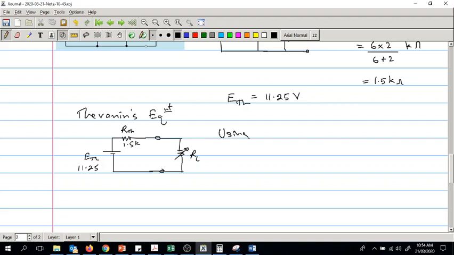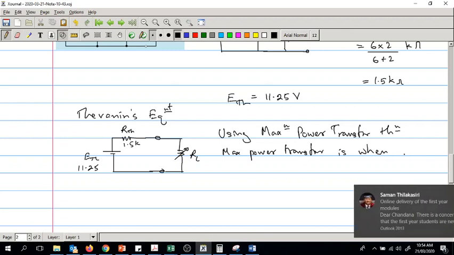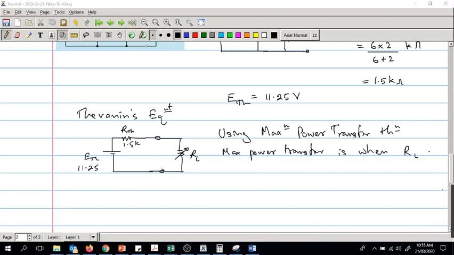using the maximum power transfer theorem, maximum power transfer is when RL equal to RTH.